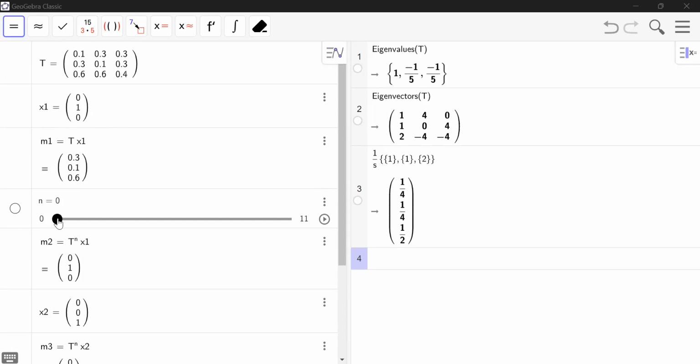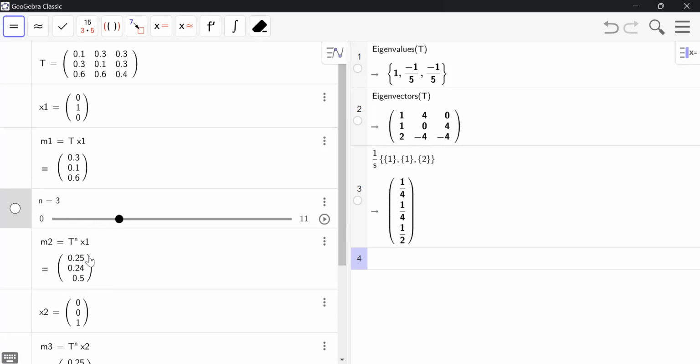And imagining as time goes on, you can see down here in M2, you get the same value. So he's choosing liver for the first day, or first meal. And then as we move across the number of meals, you can see they're converging very quickly. In fact, n equals 1, you get 0.3, 0.1, and 0.6. So it's not quite there, but after just 2 iterations, it's pretty close already.